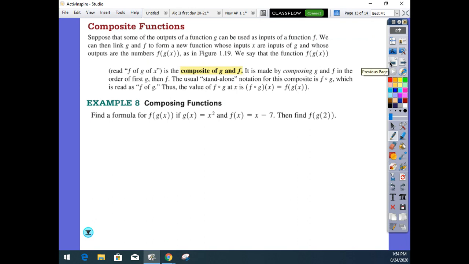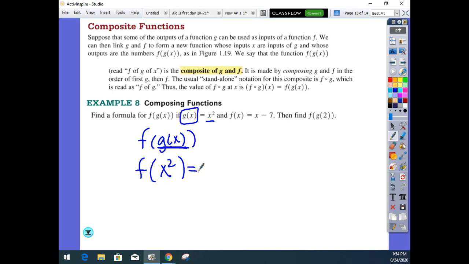Okay. So this is really the last example. We're going to find f of g of x. What I always recommend, take the inside parentheses. What does g of x equal? G of x equals x squared. So I'm going to replace g of x with x squared. Now, what does f of x equal?